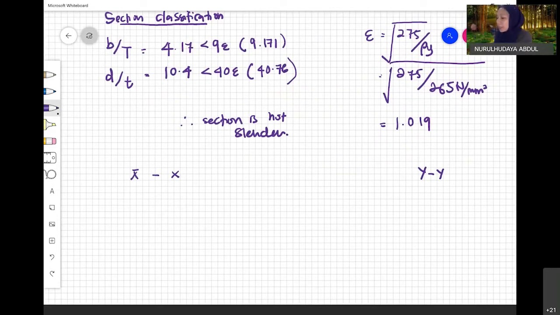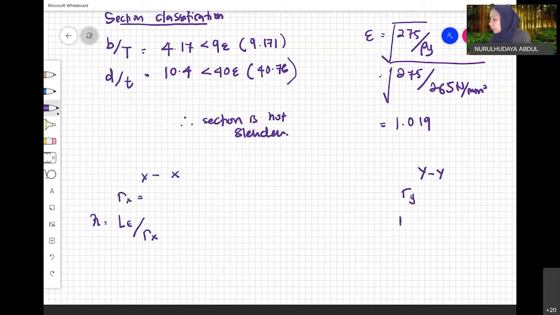So for XX, kita kena dapatkan dia punya RX. Okay, and Ry, which is the radius of gyration. Because you know the formula for slenderness ratio, because you trying to find the slenderness ratio, LE divide by Rx. X ni maksudnya arah X lah.